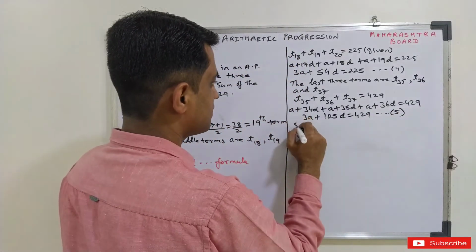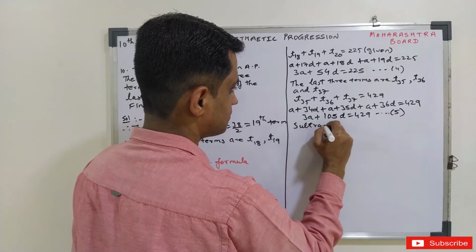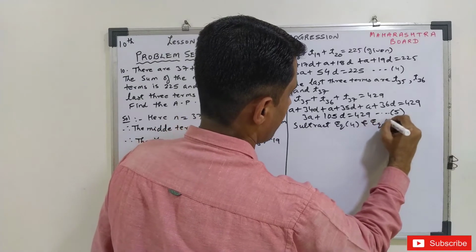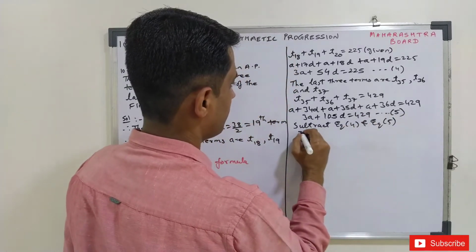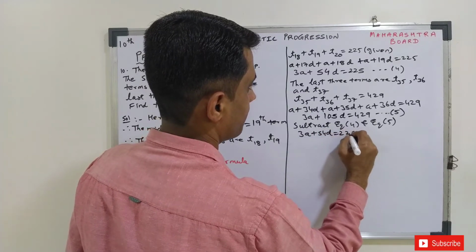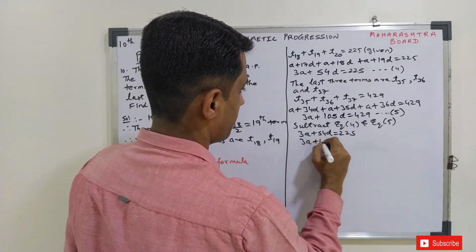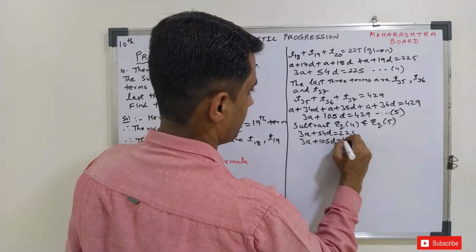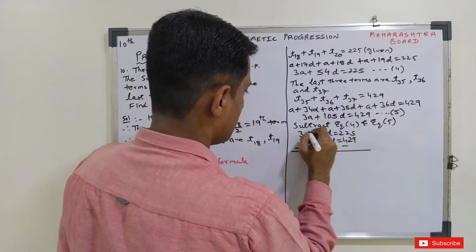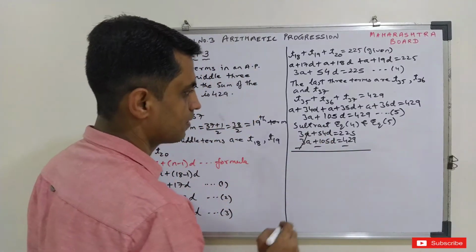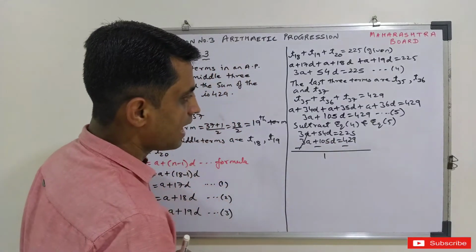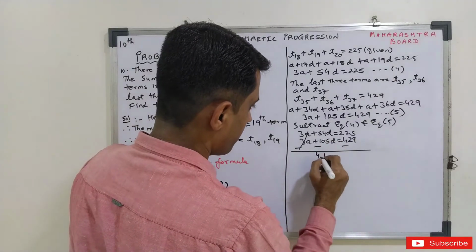Now we can subtract equation 4 and equation 5. So we are subtracting, sign will change. This gets cancelled. 5 minus 4, 1. 9 minus 5, 4.